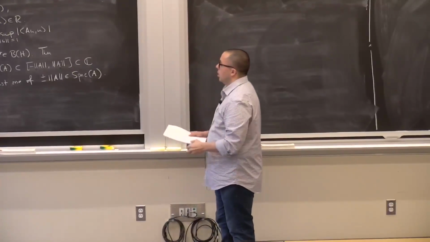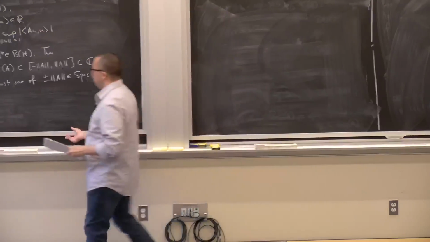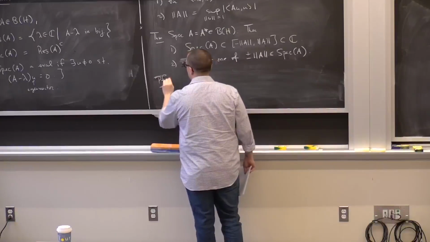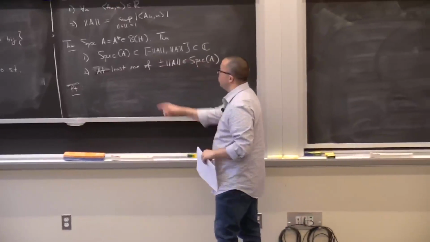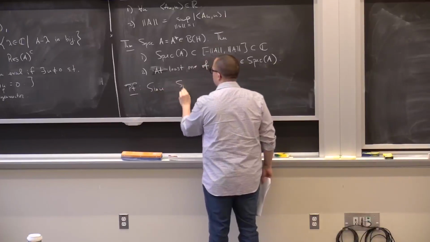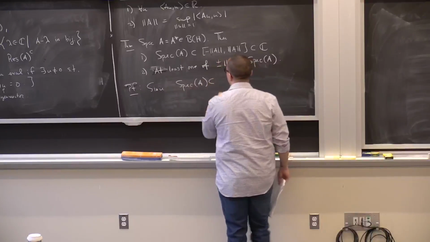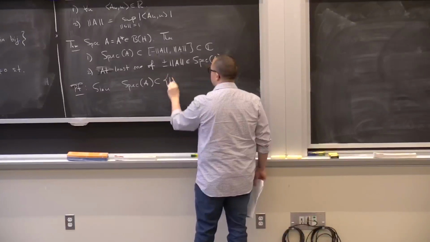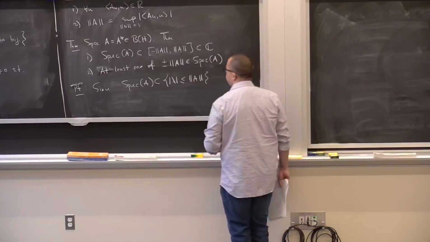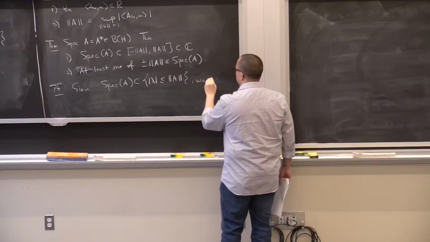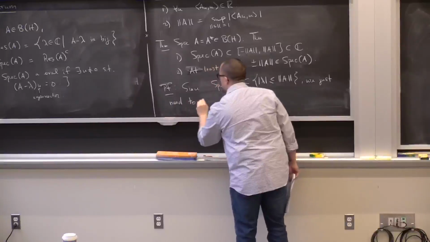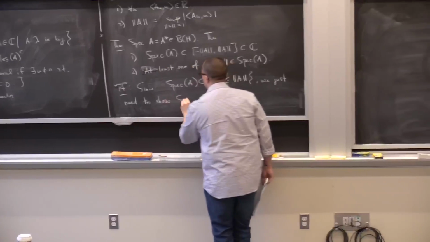Okay? Okay, so to establish one, we already know since the spectrum of A is contained in those complex numbers with modulus less than or equal to the norm of A, we just need to show that the spectrum is contained in the real number line.